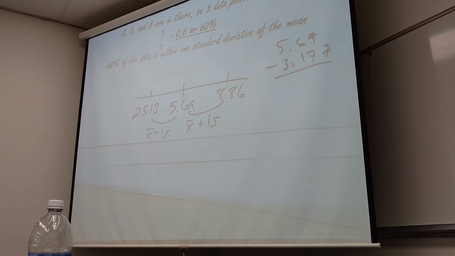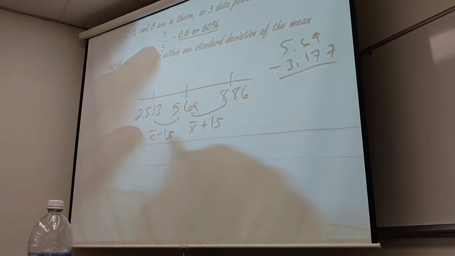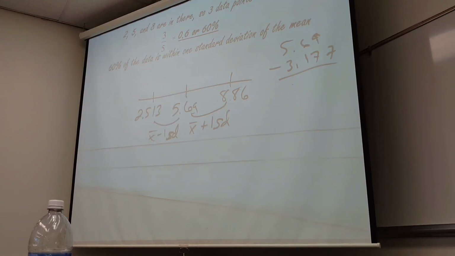How'd you get the 15 though? The plus and the minus. Oh, it's not. It's an S for standard deviation. Plus or minus SD. Is that cool? One standard deviation up and one standard deviation down. So that's what I mean when I say within one standard deviation. If I said guess my weight to within 10 pounds, I'd let you go above by 10 and below by 10, right? So within means both directions.